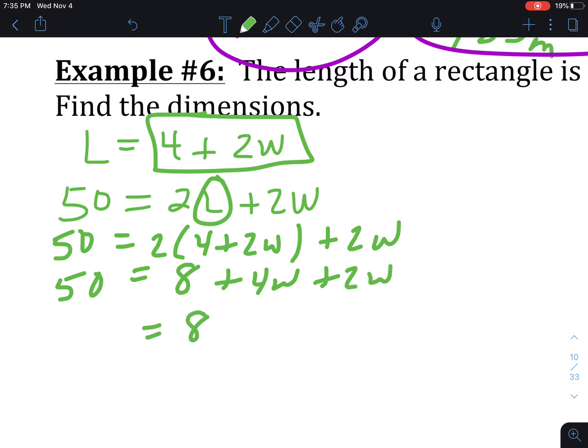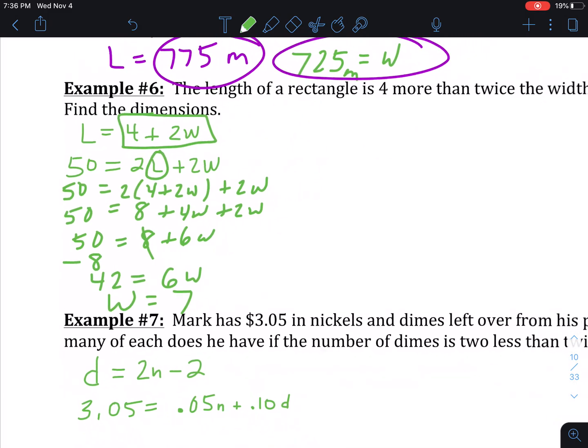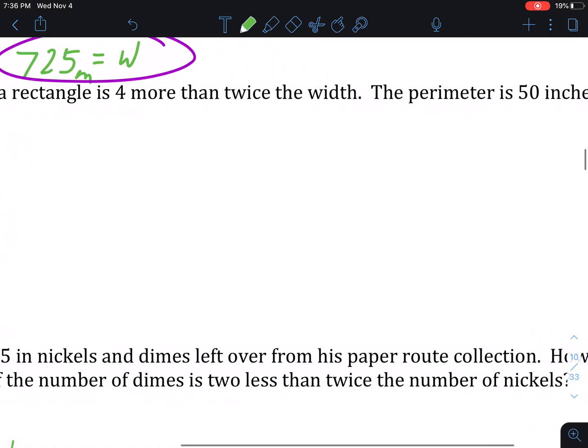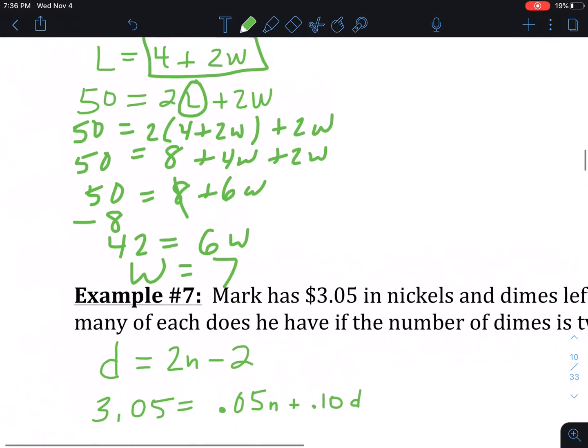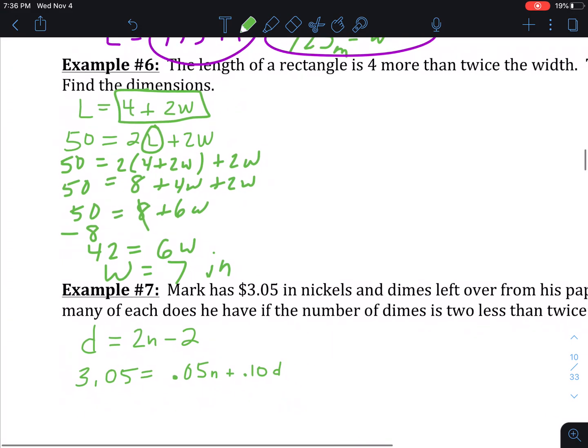Combine like terms on the right, 4W, 2W. Subtract 8. And then the width would have to be 7 here. And it is inches. So the width is 7 inches.